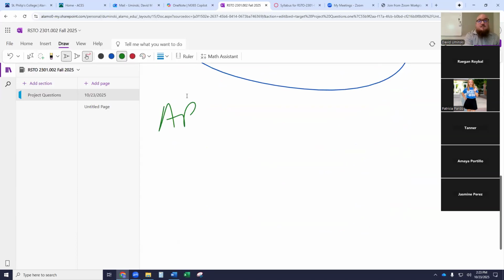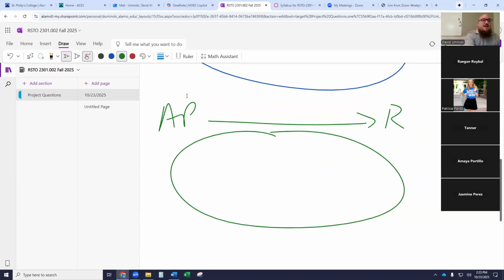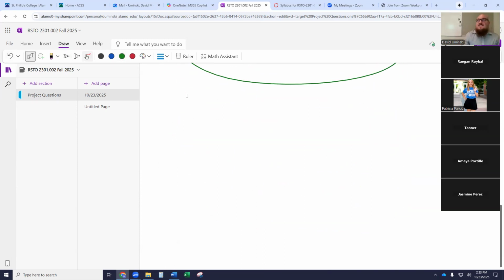I like to change colors just so I can keep my work separate. And then at the end, remember those last four questions: subtotal, Q factor, total, and per portion cost. I write here subtotal, Q factor, total, and then portion. And so I do my math for these four answers.